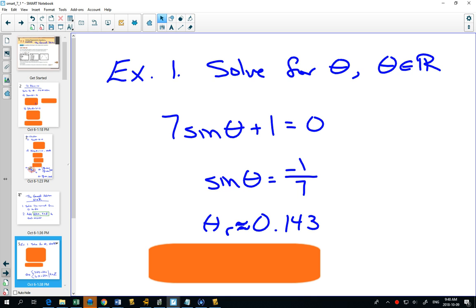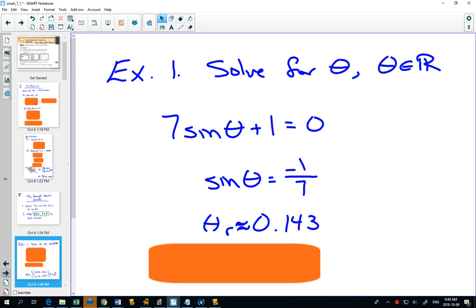Interesting to note on this question. I don't think you'll ever get sine theta equals 1/7 on an exam. And if it does get put on an exam, when they make the answer key, they'll decide we're going to change it.